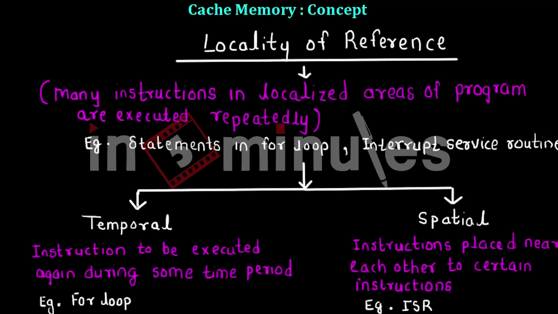So the examples are for temporal, we saw the for loop, we know that the statements of for loop are going to be executed again and again during a certain time period, whereas the statements in the interrupt service routines are placed close to each other, and we know that once the interrupt service routine starts, they are going to be executed as a block.